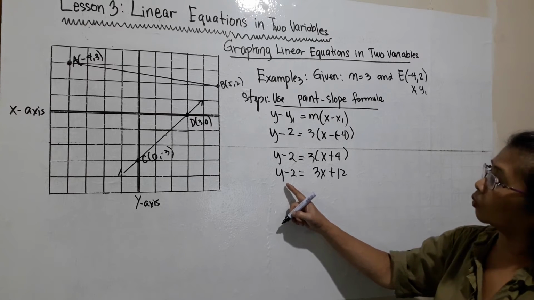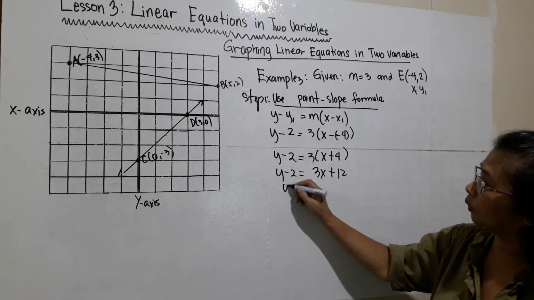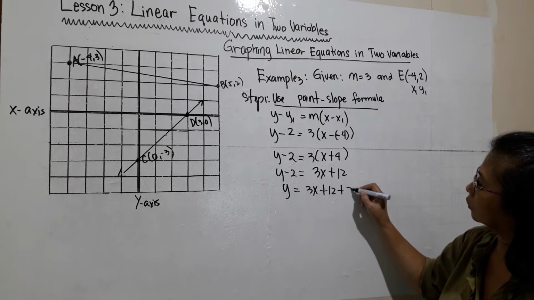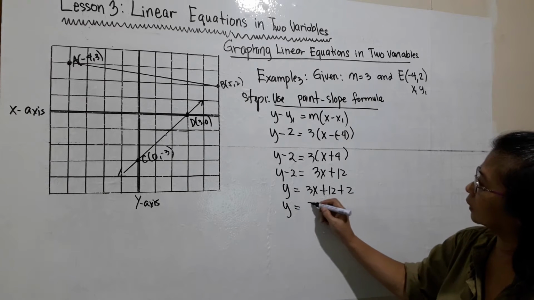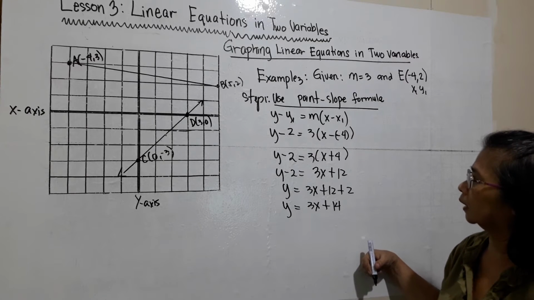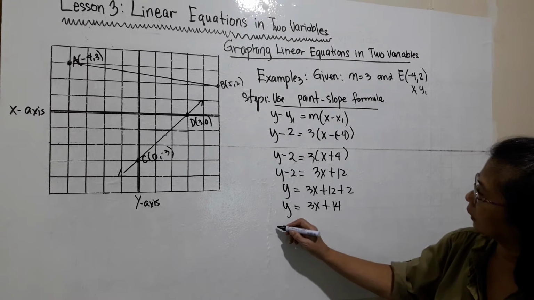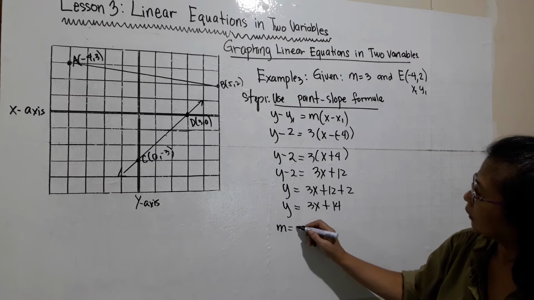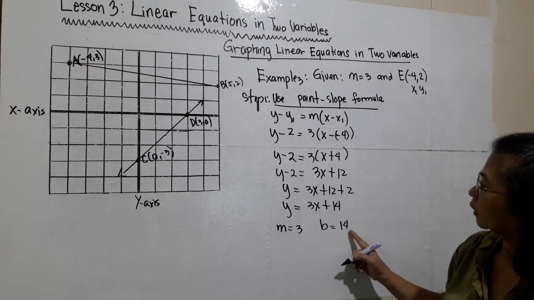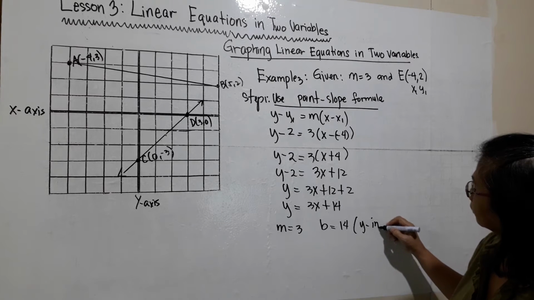Then we need to arrive at the y form, the slope-intercept form. So y will be left here: 3x plus 12 plus 2. So you have y equals 3x plus 14. Okay? So the slope here is 3, but b is 14, which is the y-intercept.